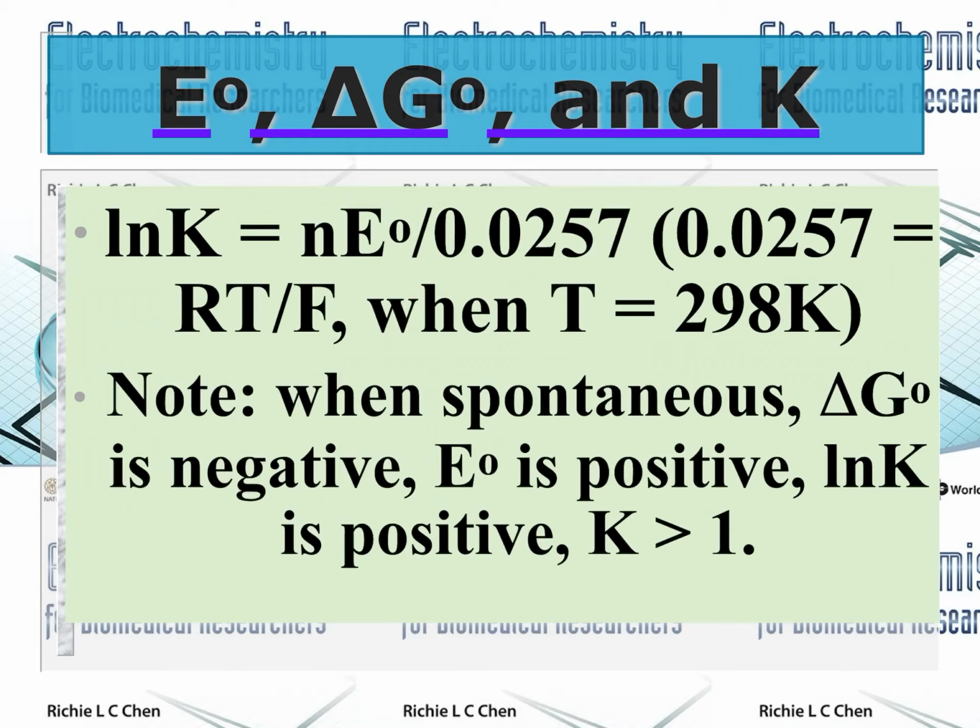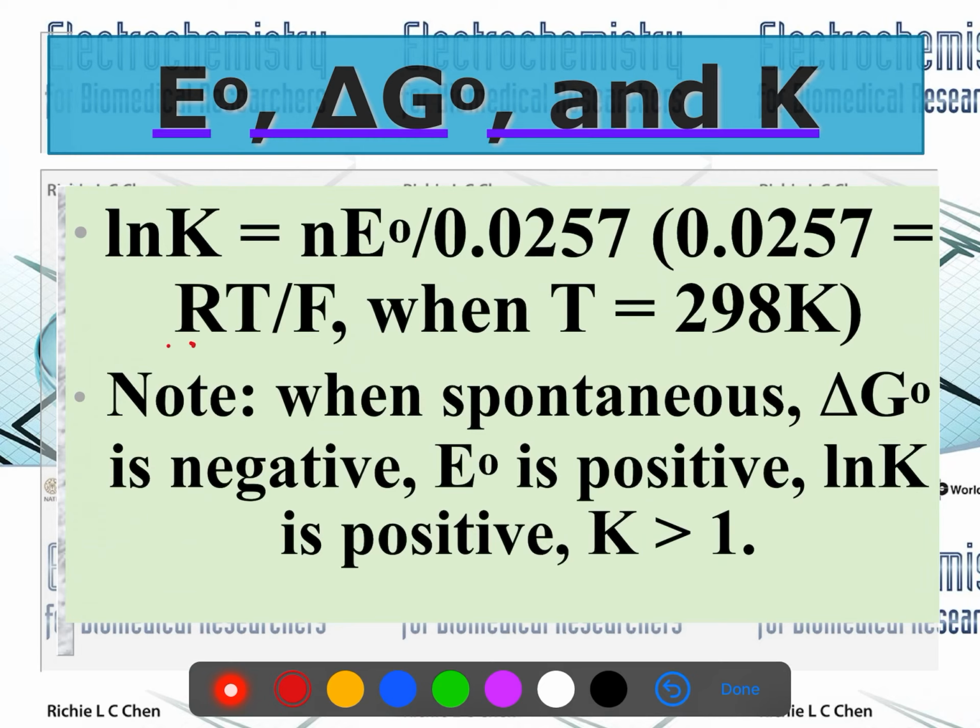Most of the time, they're going to look at these at standard room temperature, which is 298 K, and if you make that substitution where R is the gas law constant for energy, 8.314 joules per mole Kelvin, and we multiply that by 298 K and then divide by the Faraday constant, 96,500, then you get 0.0257.